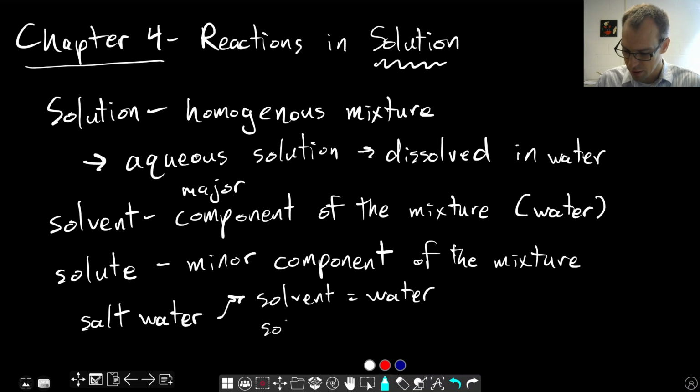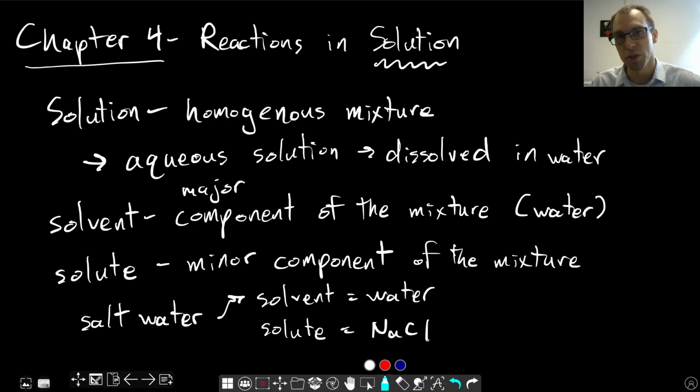And then your solute, well, if this is like ocean water, you'll have a lot of different solutes. But if you just took some salt and dissolved it in water, maybe you have a sore throat and you're gargling or something like that, your solute might be something like sodium chloride, if this is just regular salt water. And you're not limited to just one solute.